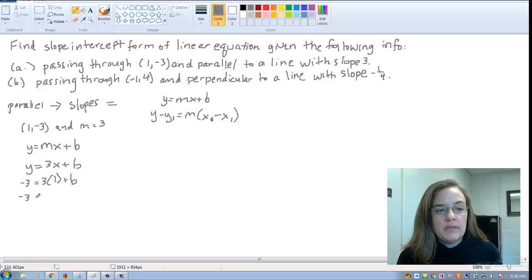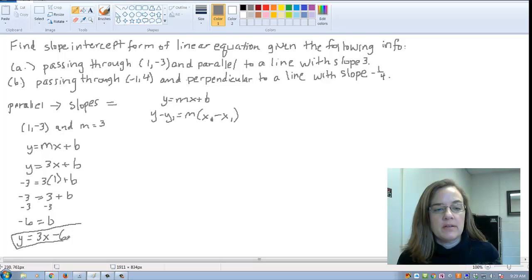So I have -3 equals 3 plus b. So I'm going to take away the 3. So I get -6 is b. So then my equation is y = 3x minus 6. So that's what I'm looking for right there, just to be able to find that equation.